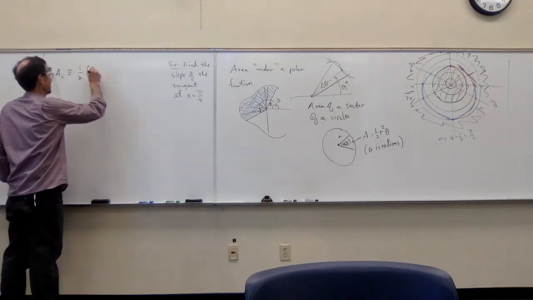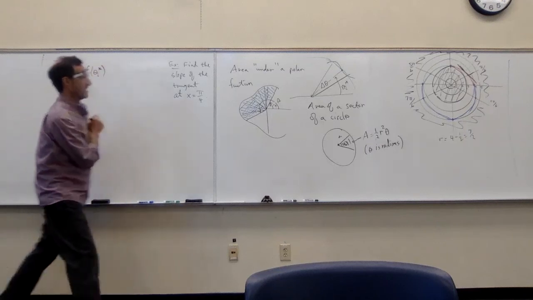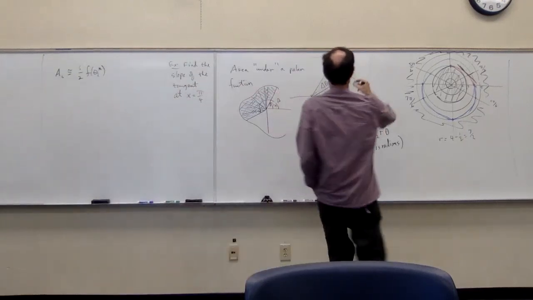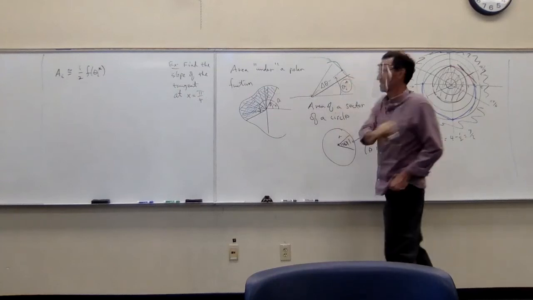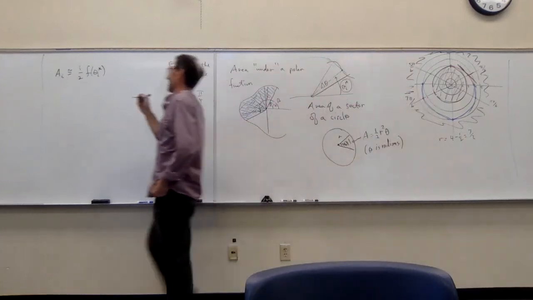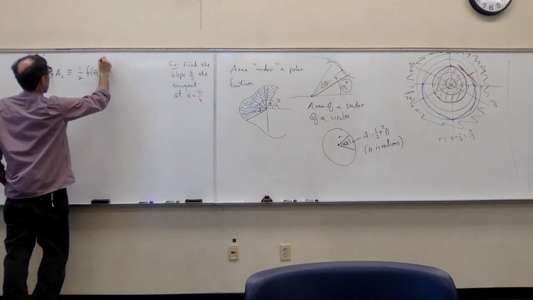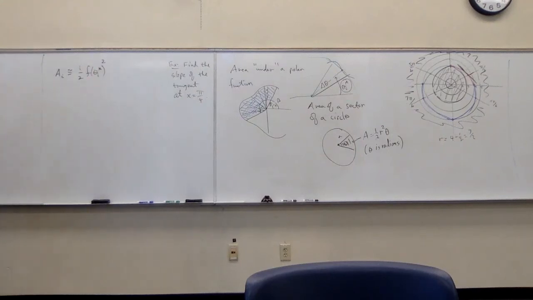Did I not give it its full name? Oh, yes, I did. f of theta i star, and because of the sector, we get it squared. And what is the angle for that sector? Theta.